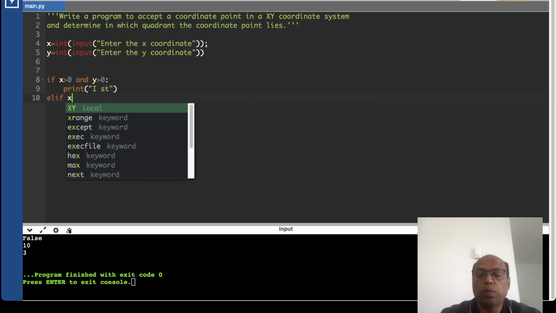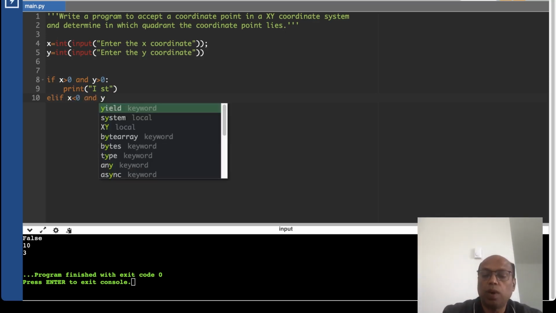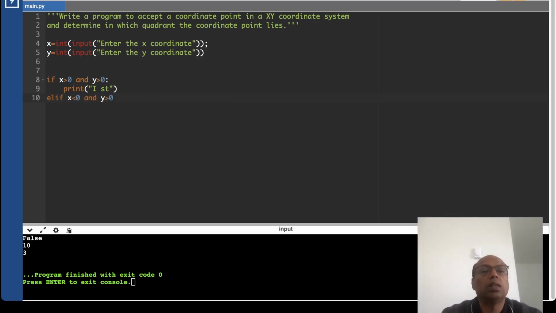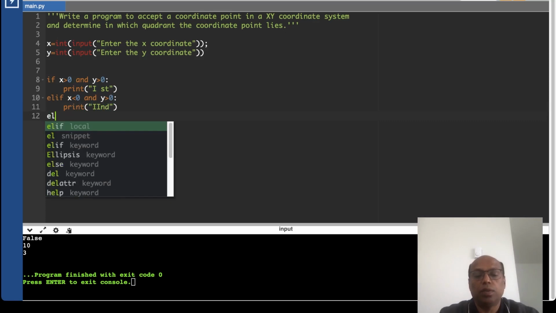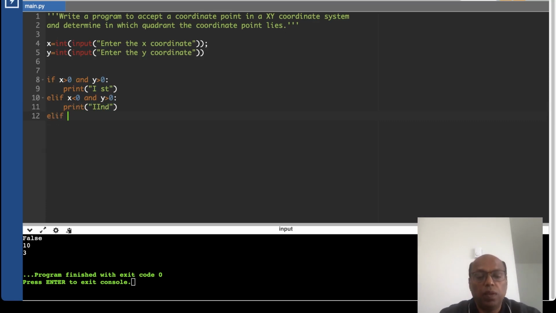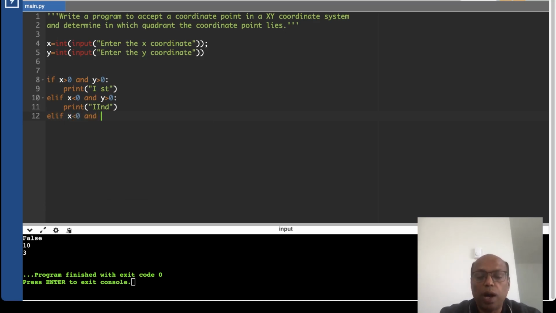If x is negative, less than 0, and y is positive, that means it is in the second quadrant. If x is negative and y is also negative, then I should write, it is the third quadrant.